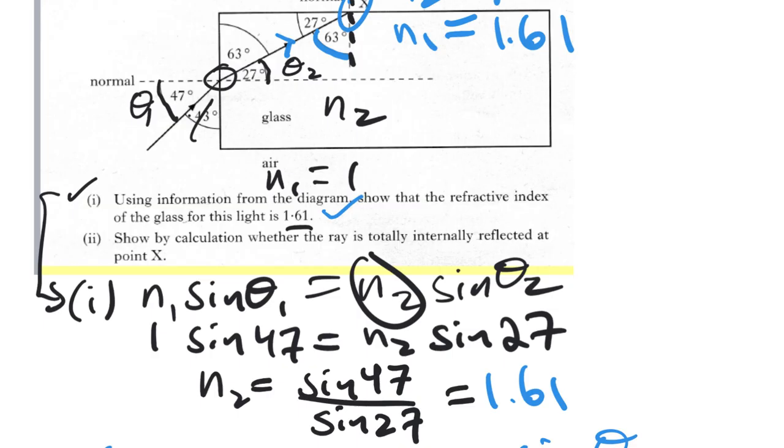I want to know if this angle of incidence is the critical angle. Okay, so let's solve for the critical angle. Let's pretend that is the critical angle and solve for it. See if it's 63.